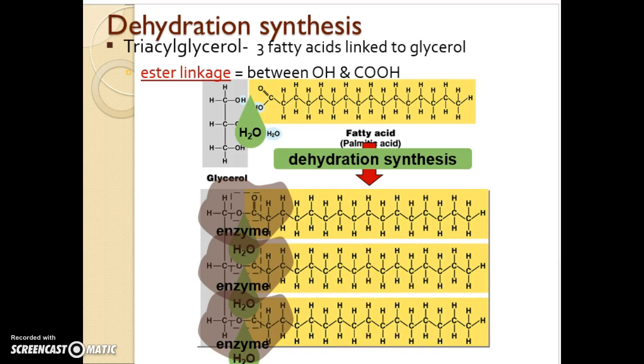Glycerol is a 3-carbon alcohol with a hydroxyl group attached to each of those 3 carbons, which allows it to make those 3 bonds to fatty acid chains. The fatty acid consists of a carboxyl group, which is again allowing it to make this dehydration bond.